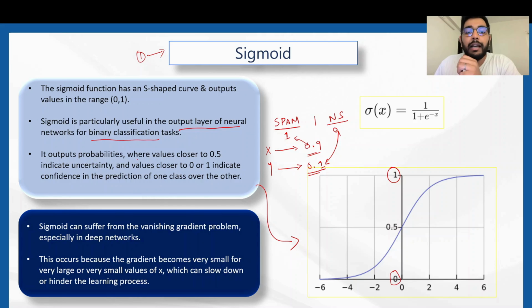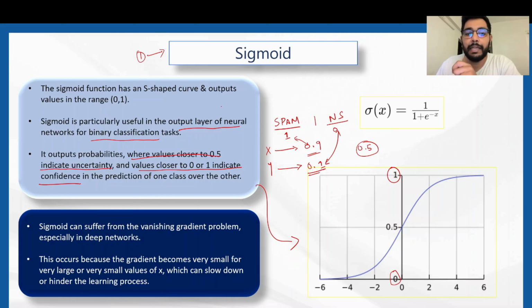That is, values closer to 0.5 indicate uncertainty and values closer to 0 and 1 indicate confidence. The sigmoid activation function outputs probabilities. If the probability is near 0.5, that is in the middle between 0 and 1, it will be highly uncertain for us to decide if the email we have got is spam or non-spam, because the probability is in the middle.